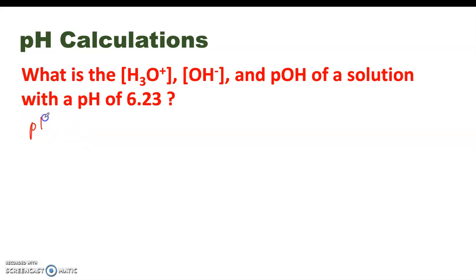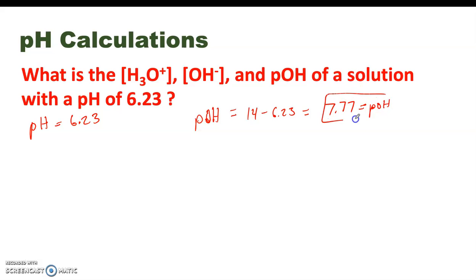So if I know my pH is 6.23, to get my pOH, I'm just going to go 14 minus 6.23, just to make sure I don't make a silly mistake here. You should get 7.77 for your pOH. Let's just circle that, make sure we got that labeled.